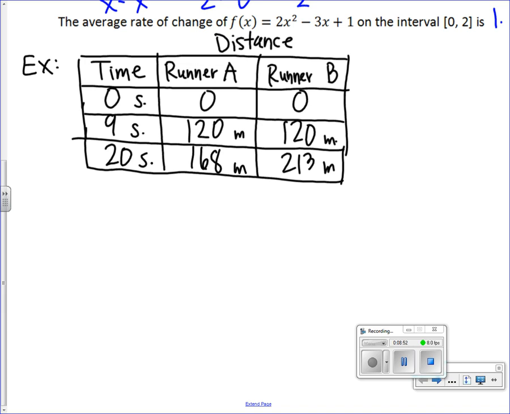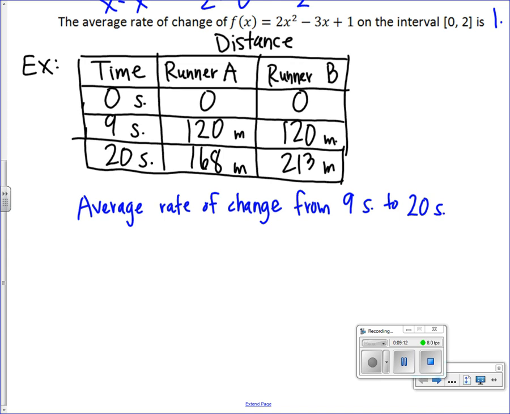So now my question to you is what is the average rate of change from 9 seconds to 20 seconds for each runner?